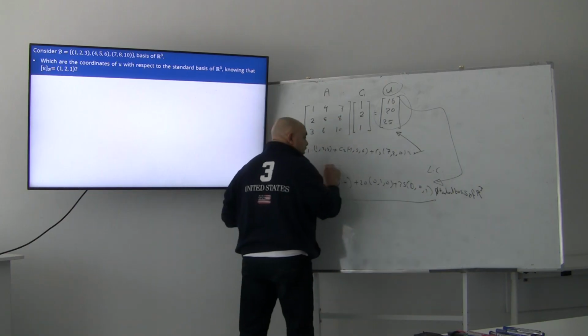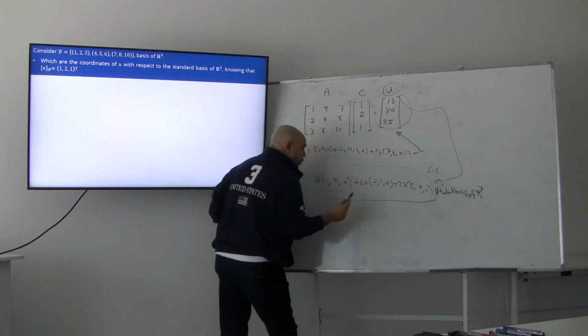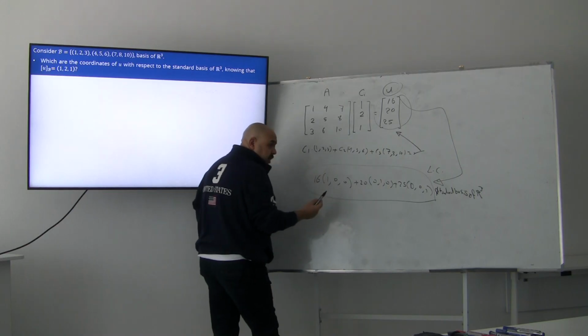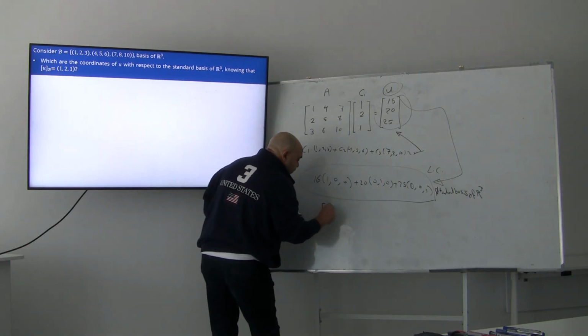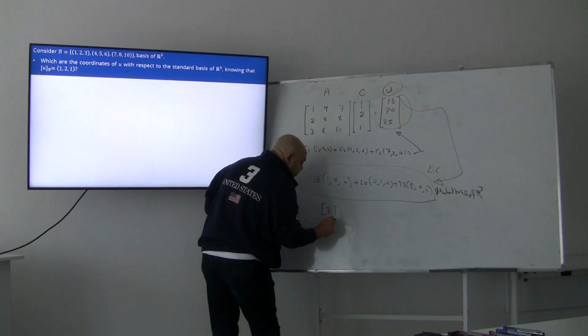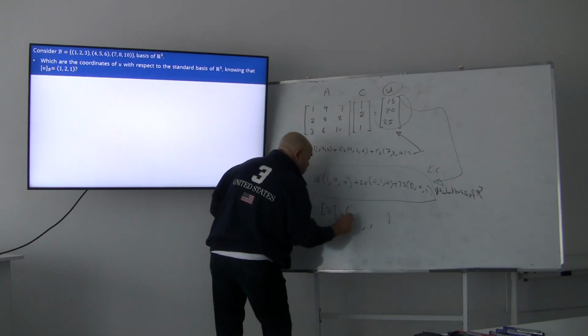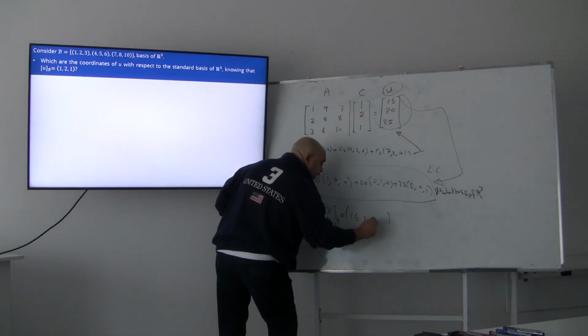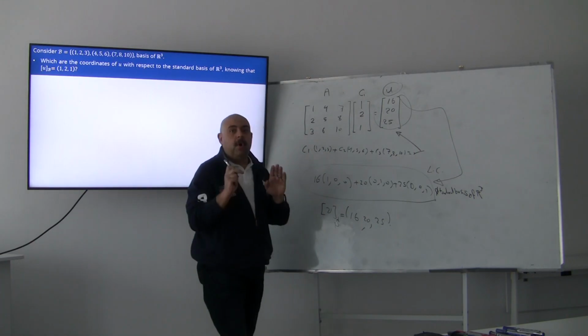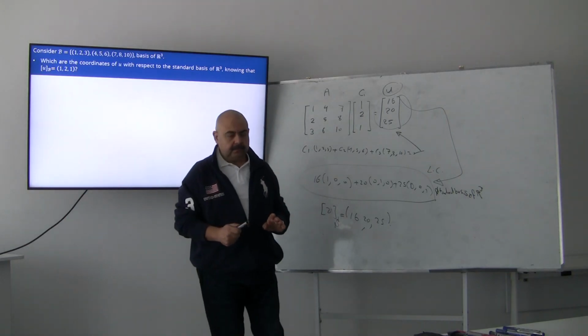This way I can get the coordinates, so I can rewrite it as the vector u with the coordinates relative to the standard basis, which is simply 16, 20, and 25. So both of them are the same.